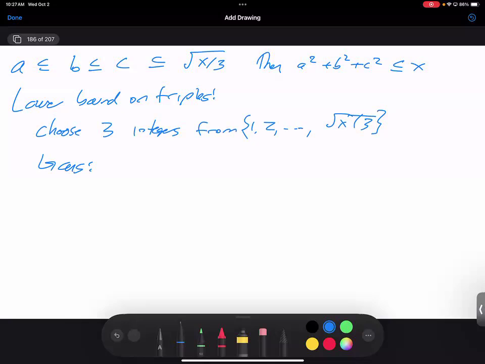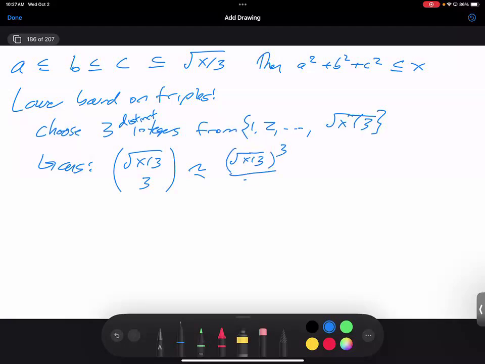So how many ways can I choose 3 distinct numbers? Square root of x over 3, choose 3. And this is approximately root x thirds cubed over 3 factorial, right?